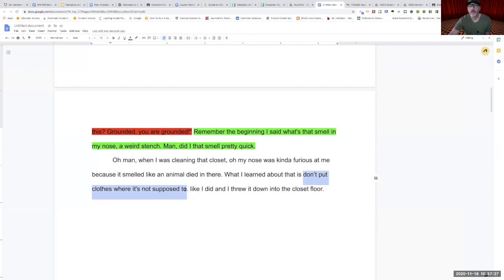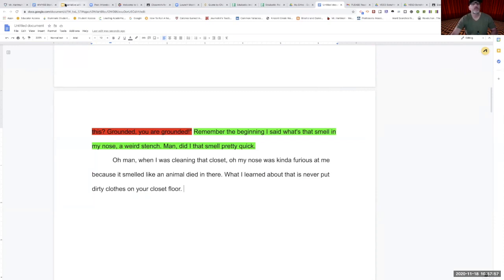What I learned is never put dirty clothes on your closet floor. Okay, kind of a specific lesson. I try to make that a little... And then this right here, we don't really need that. Okay, so that's pretty much it.